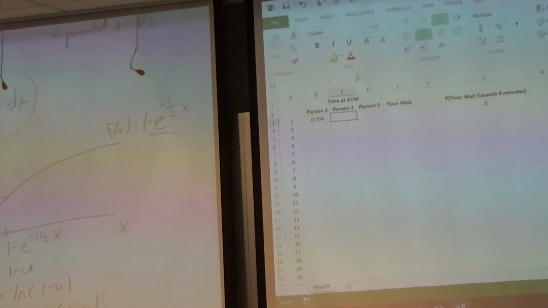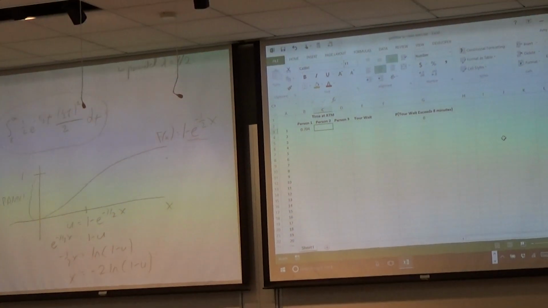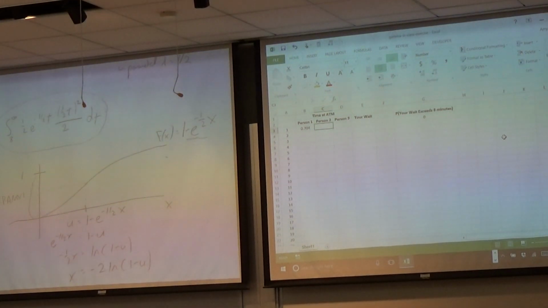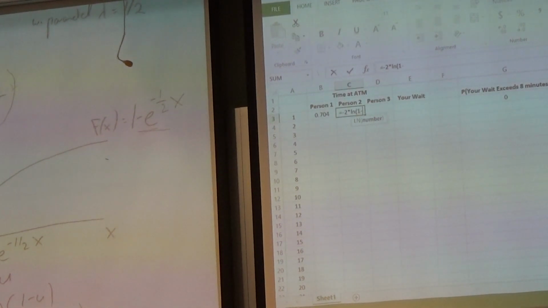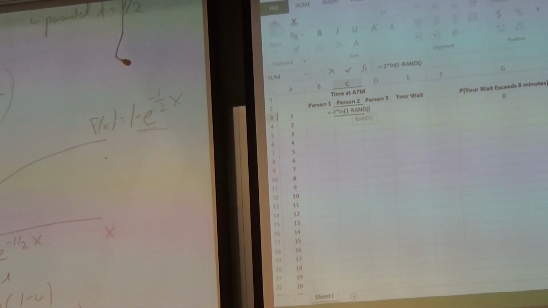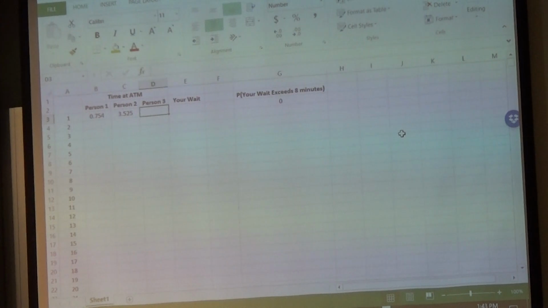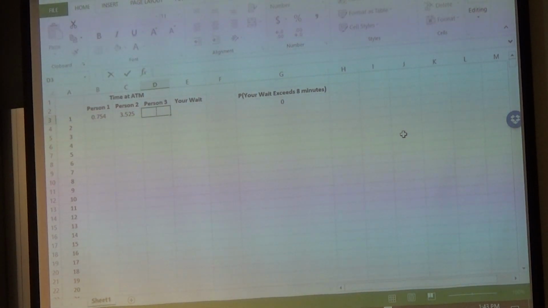Person 2, same amount of time, right? Gamma is a sum of exponentials, so I'm summing up. How long does person 2 spend? Well, equals negative 2 times ln of 1 minus rand. And same with person 3, equals negative 2 times ln of 1 minus rand. And how long is my wait? Well, I need to sum.